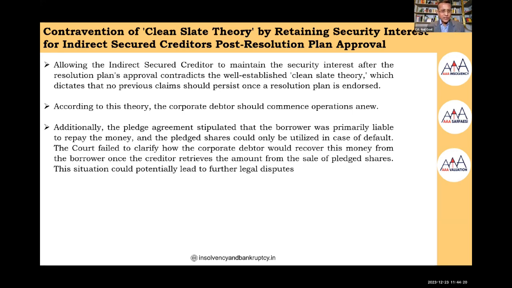However, in this particular case, the clean slate theory is not applicable, because we are talking about MTech Auto. So MTech Auto will definitely go clean to any other person who is a successful resolution applicant. But the successful resolution applicant can recover that kind of money from those entities for which the share assets of the company have been enforced and sold.